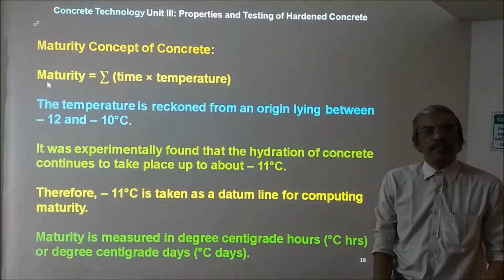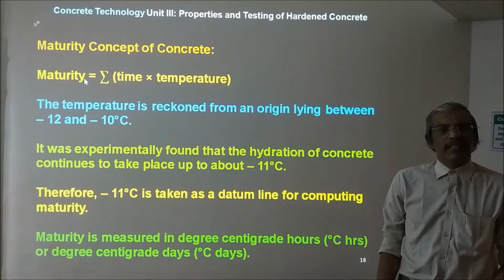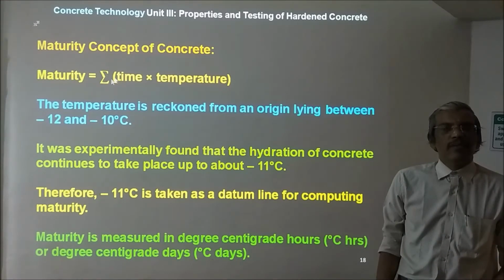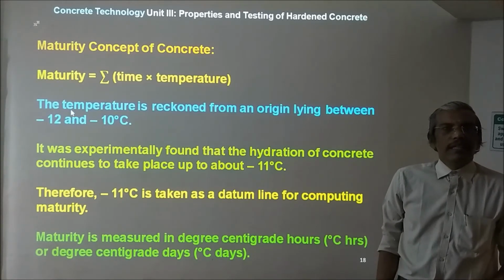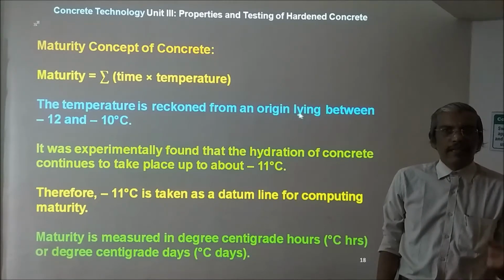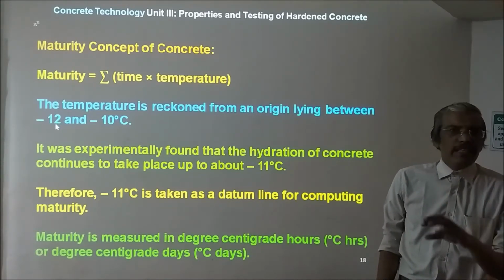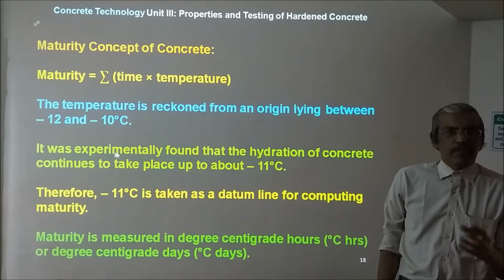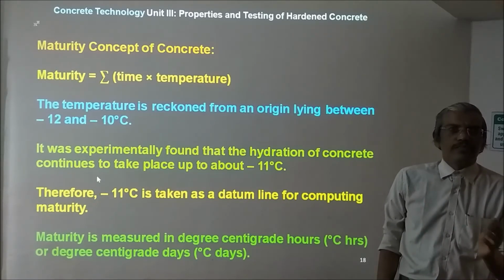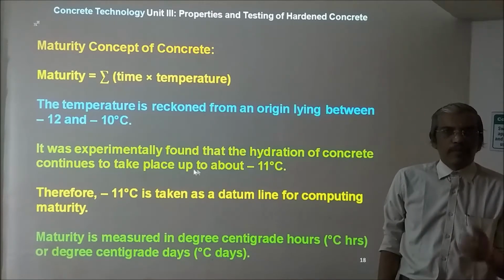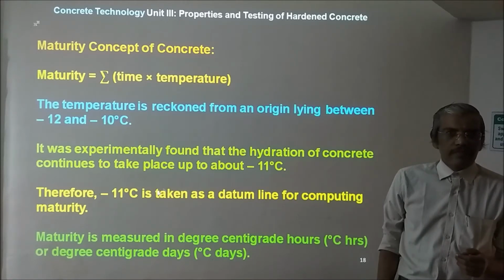So, maturity can be given mathematically as: maturity is equal to summation of time multiplied by temperature. The temperature is reckoned from an origin lying between minus 12 degrees Celsius and minus 10 degrees Celsius. It was experimentally found out that hydration of the concrete continues to take place up to about minus 11 degree centigrade.